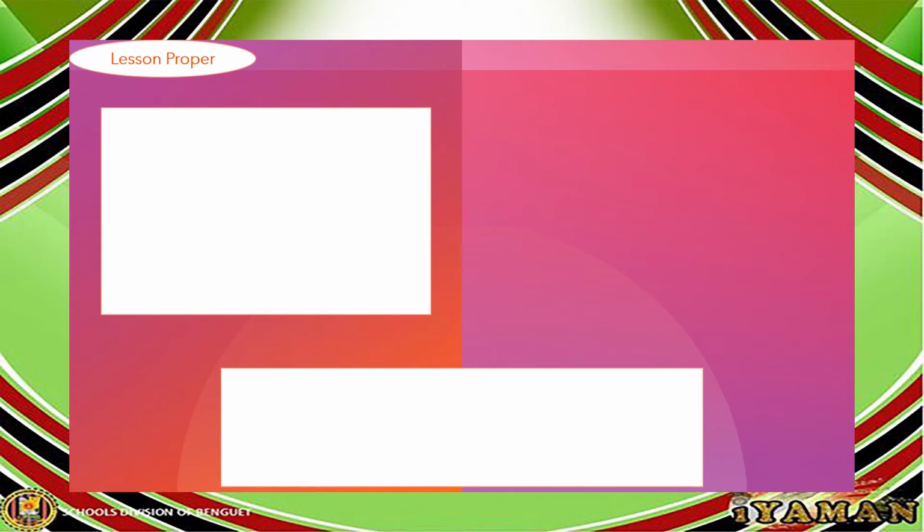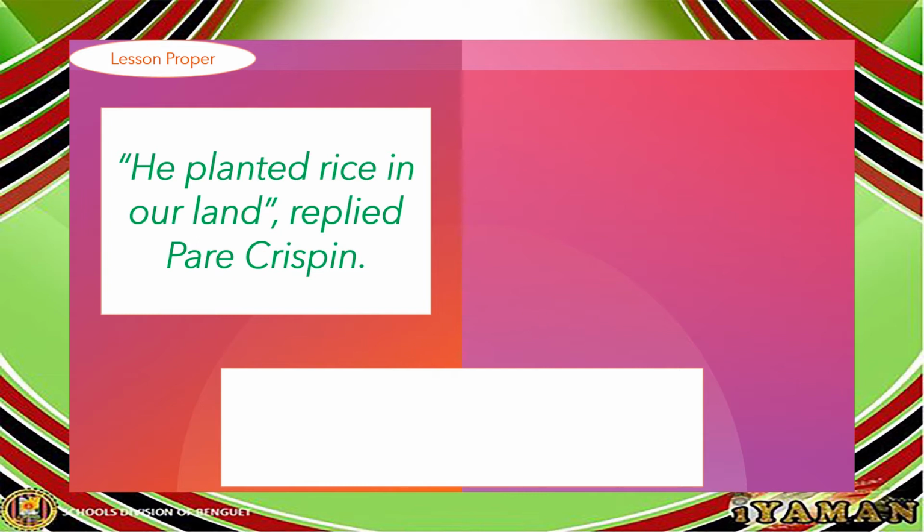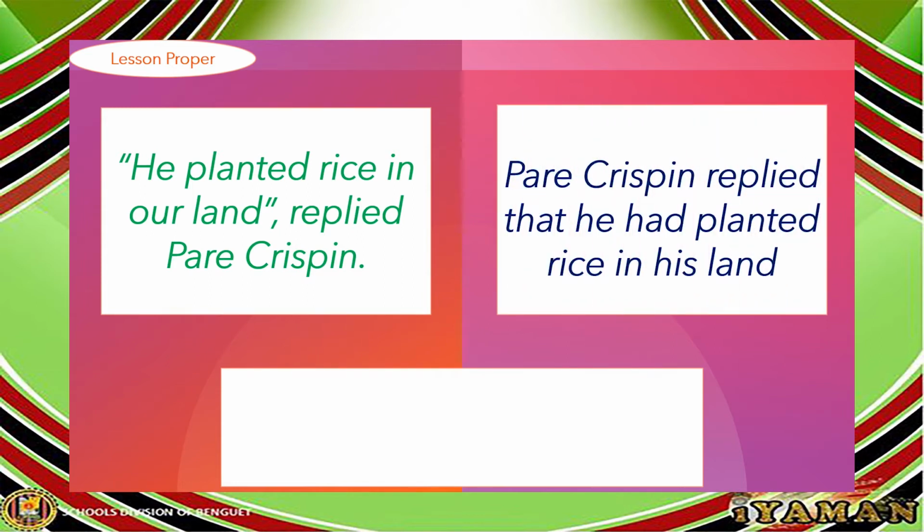Before we start, I have two sentences and I would like you to read them and answer the questions that follow. First, "He planted rice in our land," replied Pare Crispin. The second sentence is, Pare Crispin replied that he planted rice in his land.